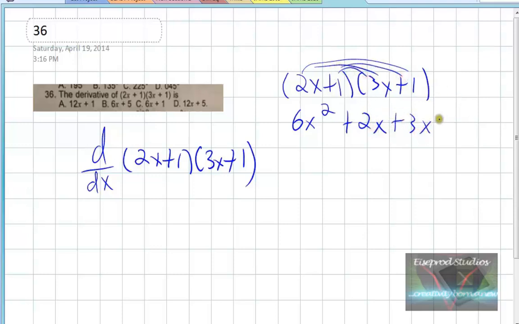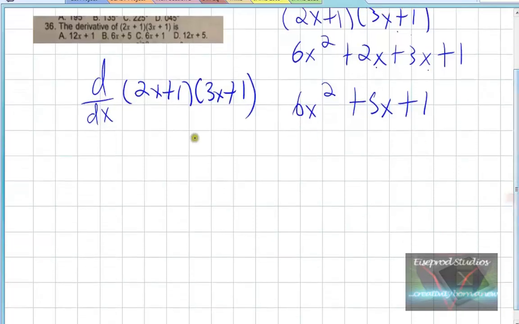And now the last ones, plus 1. So we get 6x squared plus, let's see here, 2x plus 3x is 5x, plus 1. So now we can take the derivative easily of this, 6x squared plus 5x plus 1.